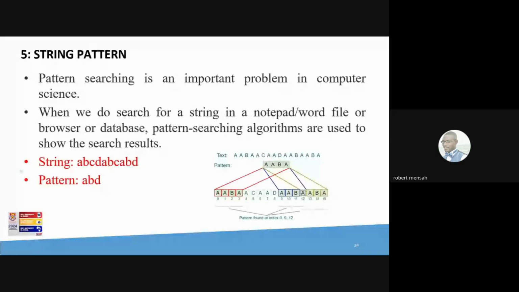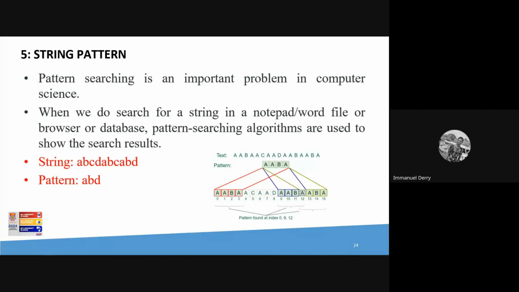So let's take this string for instance, the text document. Now we are trying to search for this pattern here. As soon as we try to search for the pattern, we try to get content that is related to what we are searching for. So that is what the string pattern basically does.